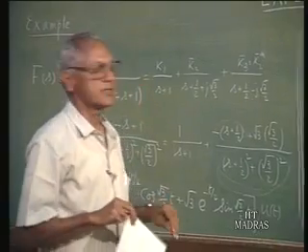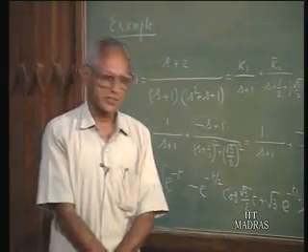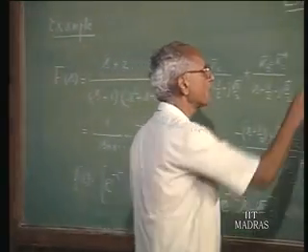Now let us continue our discussion with the situation where poles are of multiple order. So far we have considered rational functions where the poles are all simple. So what happens if some poles are of multiple order?